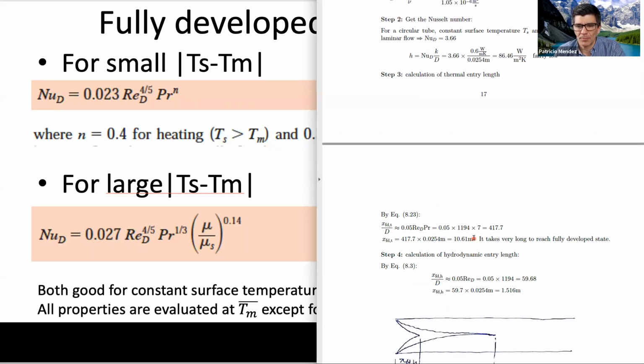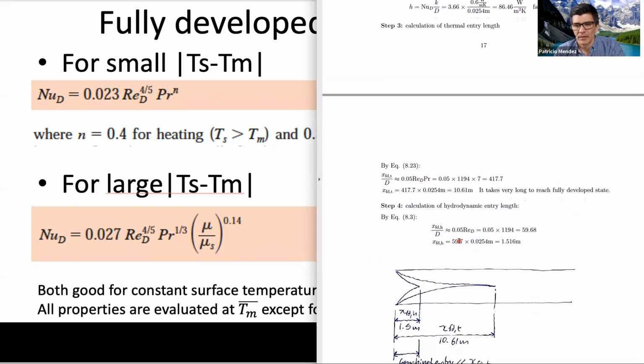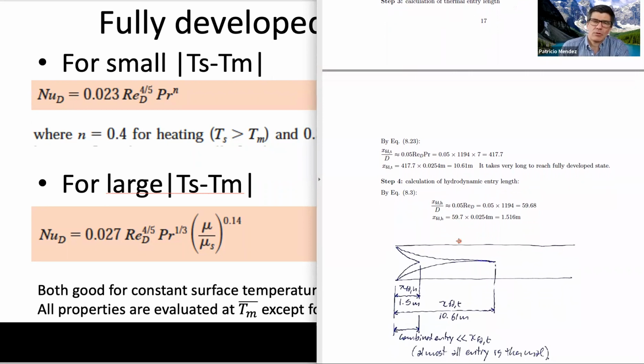The thermal entry length would be 10.5 meters, and because water is much more viscous than it is conductive, as shown by the Prandtl number of 7, it would be fully developed hydrodynamically after 1.5 meters, right? In this pipe, the first 1.5 meters the hydrodynamic boundary layer is developing, and these two boundary layers don't collide. And the heat transfer here is enhanced.